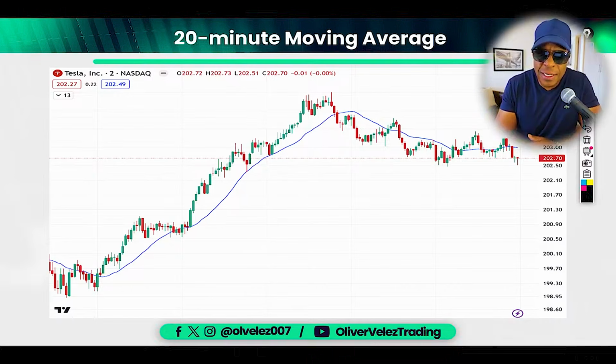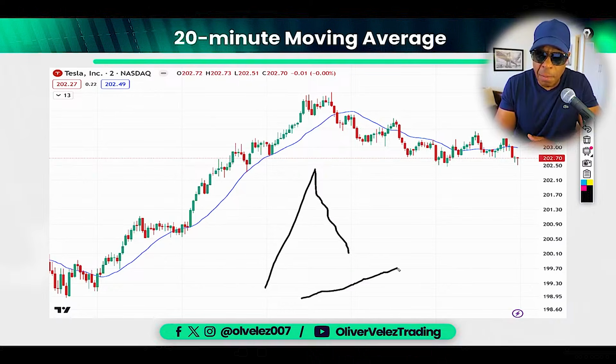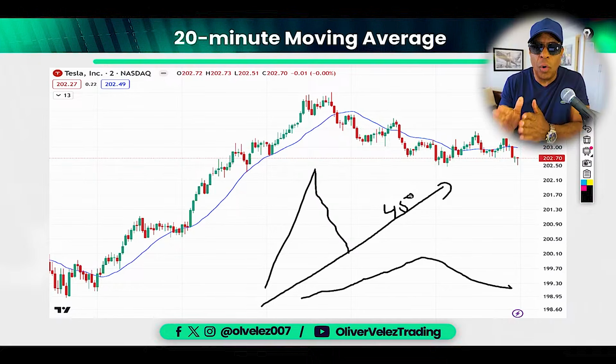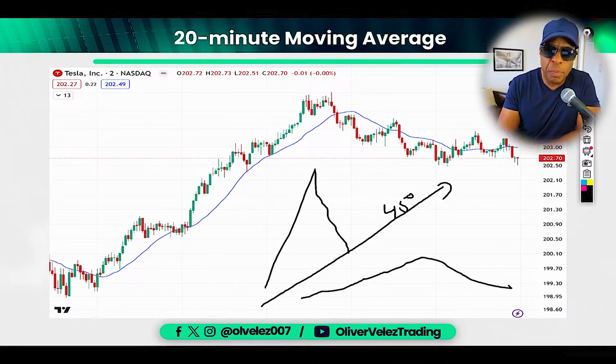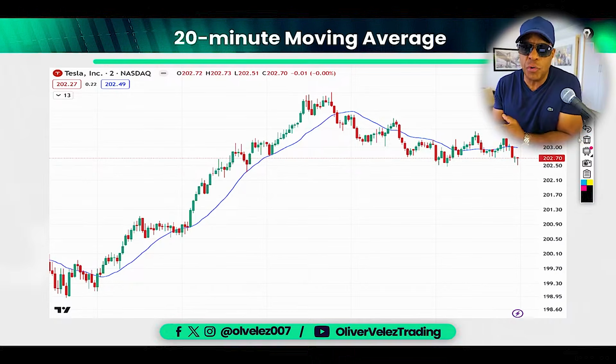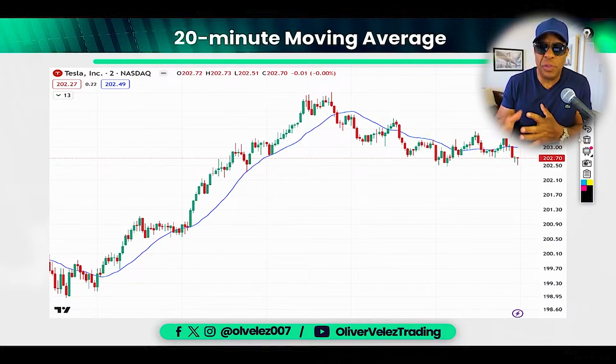There are trends that are sharper, but they're not so sustainable. There are trends that are milder, but they peter out. The trends that are perfectly that 45-degree angle like trend, they can go on and be the most enduring. All right. So it's important to understand that we use the 20-period moving average to kind of judge which kind of trend am I dealing with in the stock.